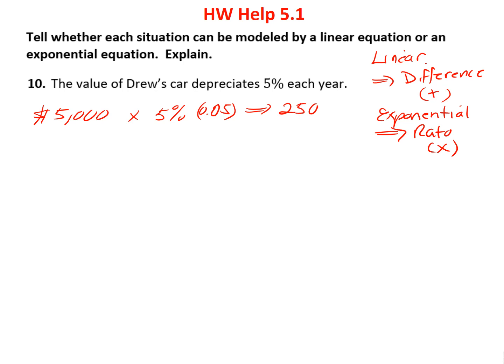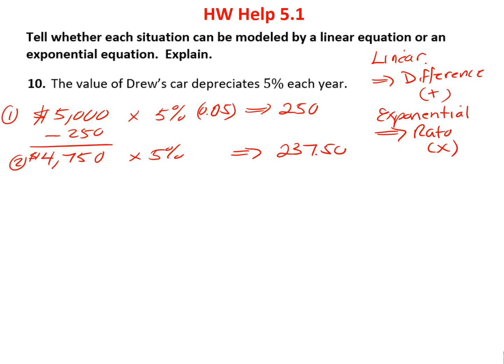So after 1 year, Drew's car is now only worth $4,750. Okay, so this is year 1, this is year 2, and now what happens though is it's going to be depreciated by 5% again. So if I multiply 4750 times 0.05, I find out that that's 237.50.